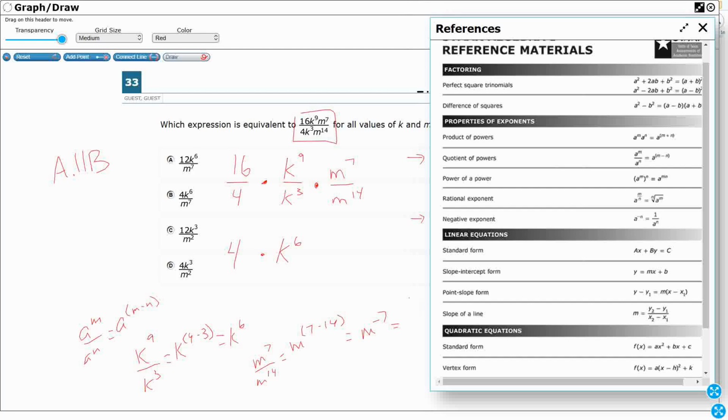So really that's 1 over m to the 7. If we view all of these as over 1, now I can multiply straight across and get 4k to the 6 over, the only thing in my denominator being m to the 7. And so that is my answer, B.